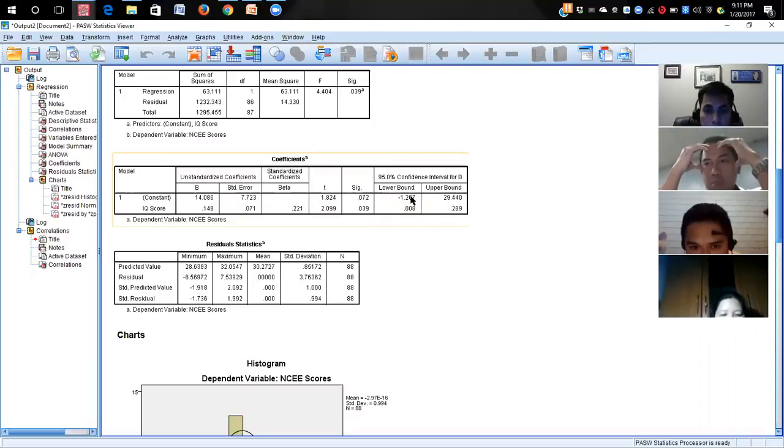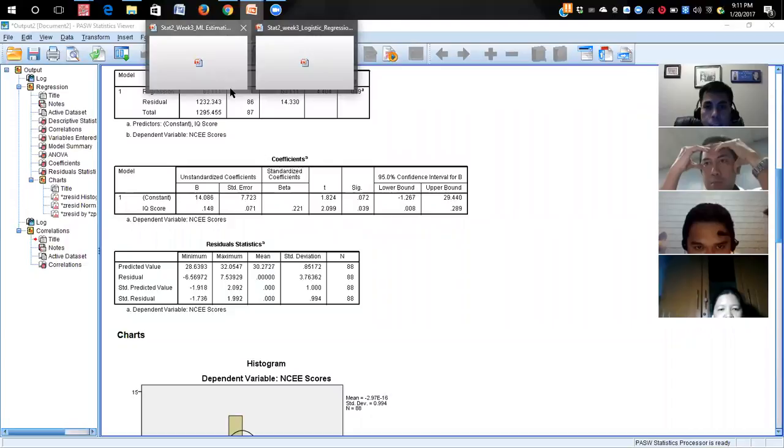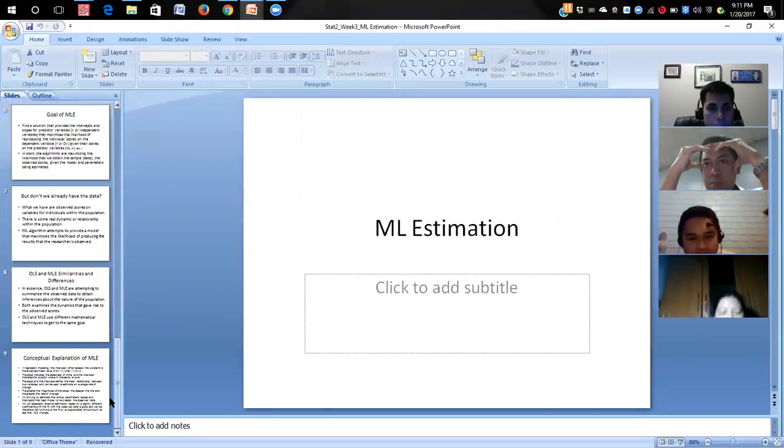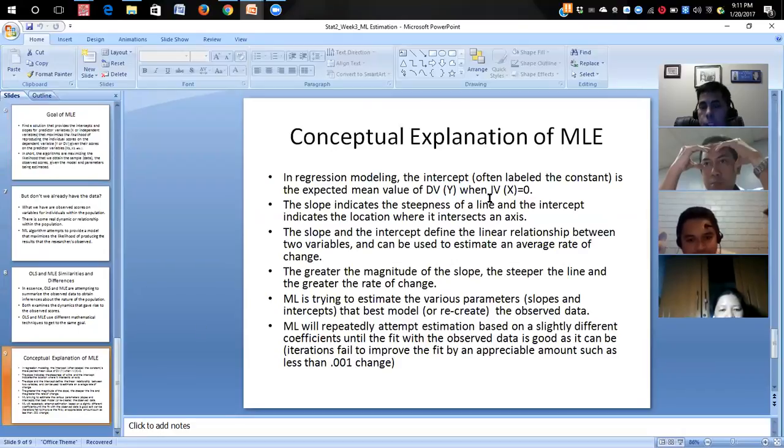Now, as I mentioned earlier, conceptually, in regression modeling, the intercept, or what we call the constant, is the expected mean value of the NCEE when the independent variable, which is the IQ, is 0.